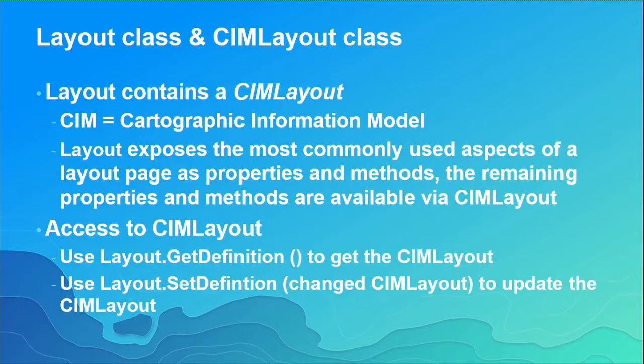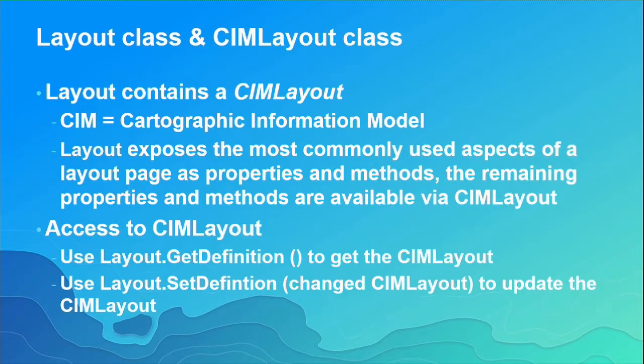That's actually true throughout ArcObjects. Whenever you see a class that has a prefix of sim, like with the renderers or with the layers, then you know immediately those are the features that are a little bit deeper, not very commonly changed within ArcGIS Pro. So then you go to the sim layout class instead of the layout class.